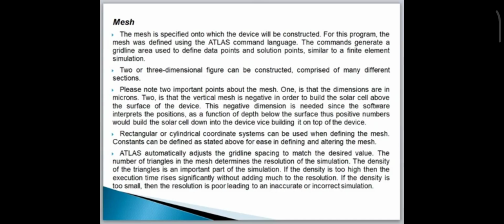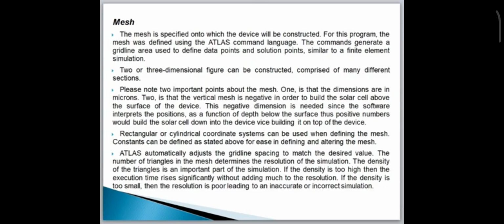If the density is too high, then the execution time rises significantly without adding much to the resolution. If the density is too small, then the resolution is poor, leading to an inaccurate or incorrect simulation. So we have to make a balance between the coarse meshing and fine meshing.